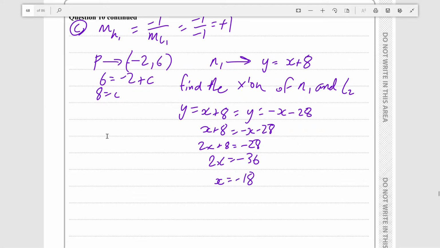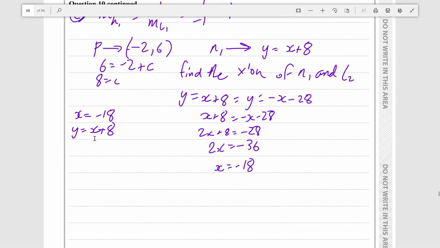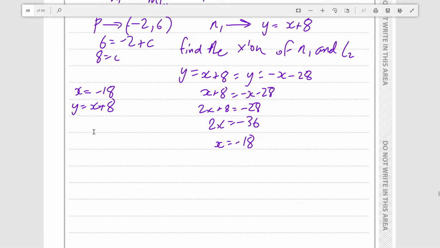So if x is minus 18, and y is x plus 8, I'm using that equation because it would be simpler to calculate. If x is minus 18 and y is x plus 8, that means y is minus 18 plus 8, or negative 10. And so the coordinates of R are minus 18 and minus 10.